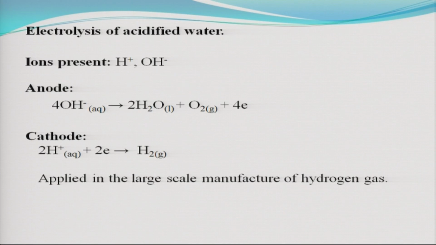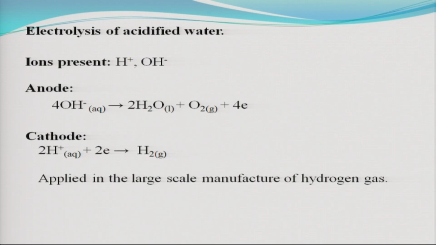In acidified water, we have two ions, as you see on your screen. We have the H plus and the OH. As we saw last time, the anode is positively charged and it will attract the OH, and the cathode is negatively charged and will attract the H plus.